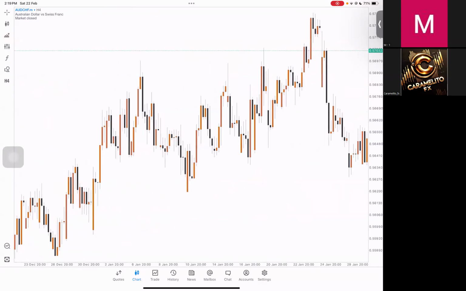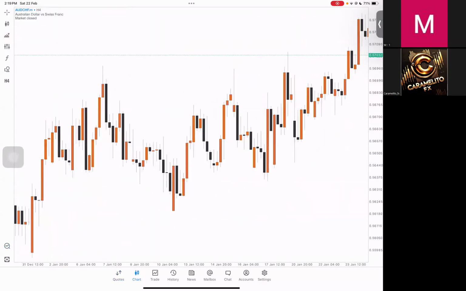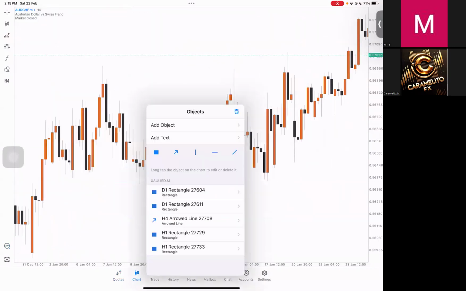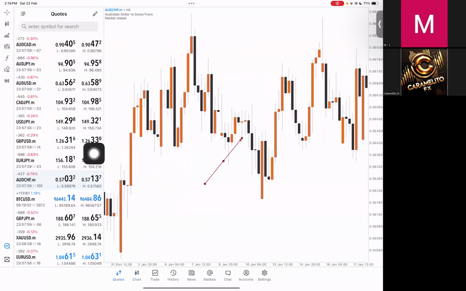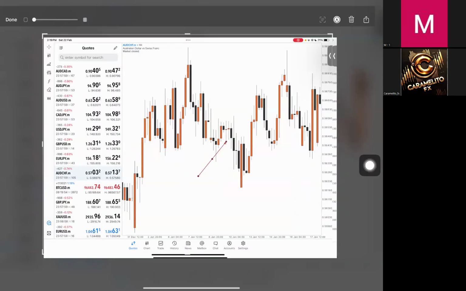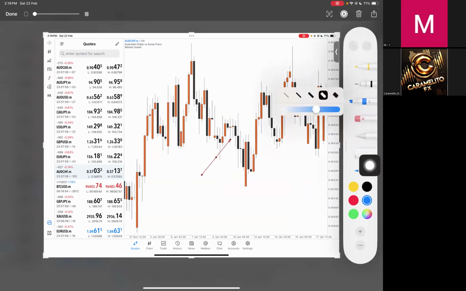I really hate AUD CHF because you see the shadows are really ugly, a lot of them. You see, what is the difference between all types of pairs? Some pairs are really nice. What I mean is, I really love these pairs: AUD USD, USD JPY, GU, EJ, GJ is also nice, and EUR USD.